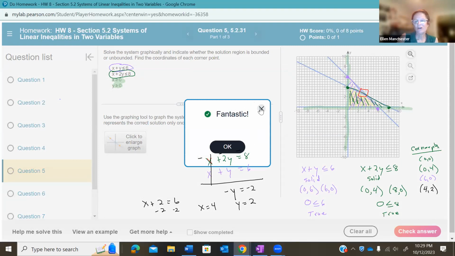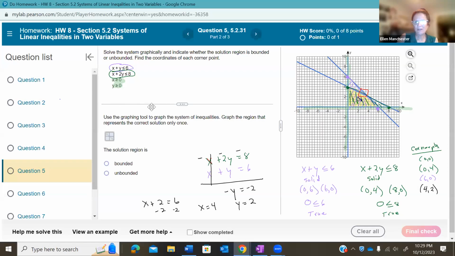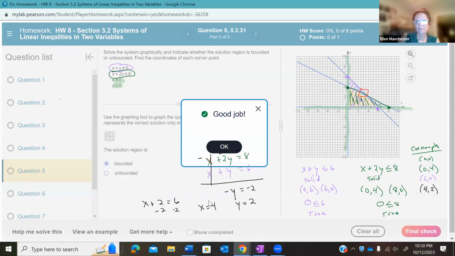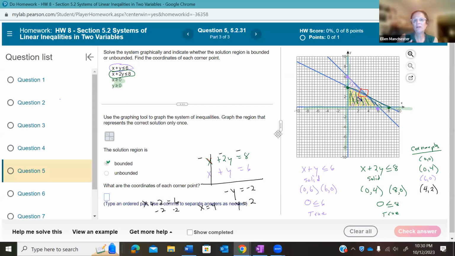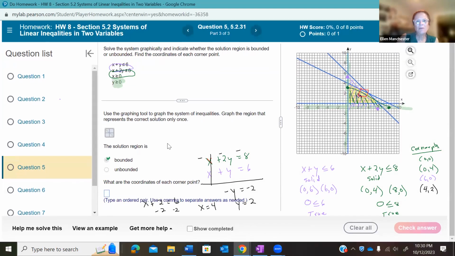Okay, so whenever you're doing these, make sure that you do it on paper first. Then it makes using the tool in MyMathLab much easier. Okay, and then this is bounded. And this one, it does ask me for corner points. See, on your paper, I already have them done.